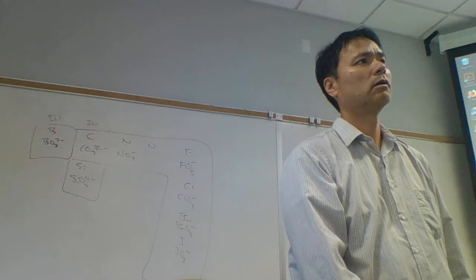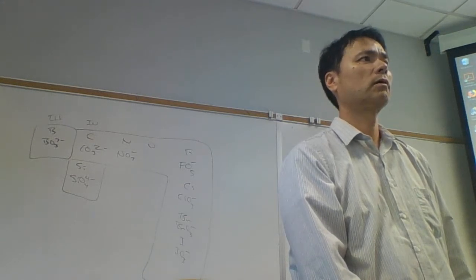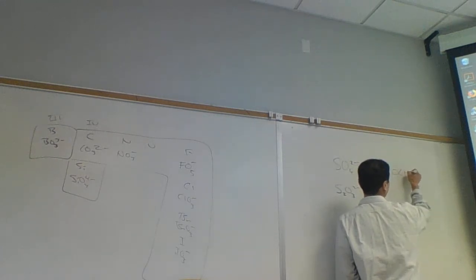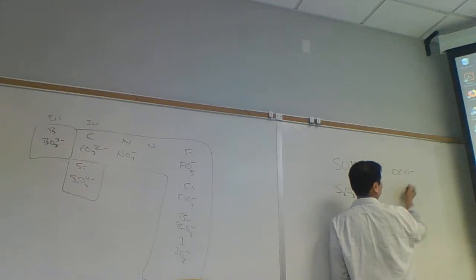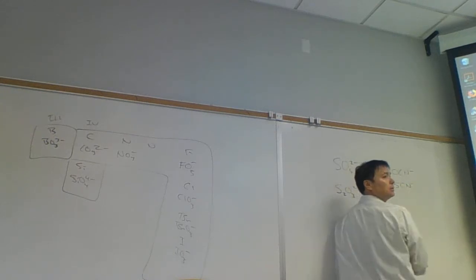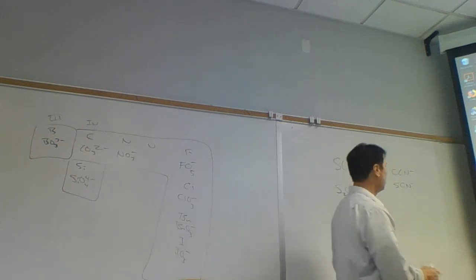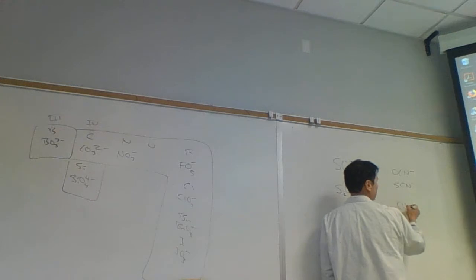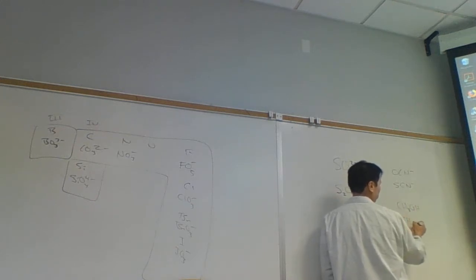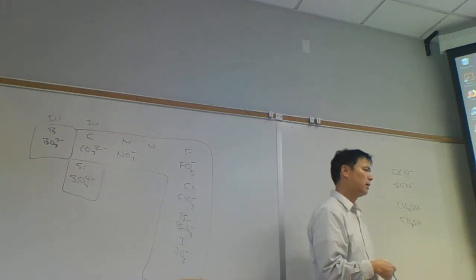For thio, is it always going to be a sulfur? It's always going to be sulfur. Cyanate is OCN minus, and thiocyanate is SCN minus. So when you see thio, we have alcohols. This is methanol, CH3OH. This is methane thiol.